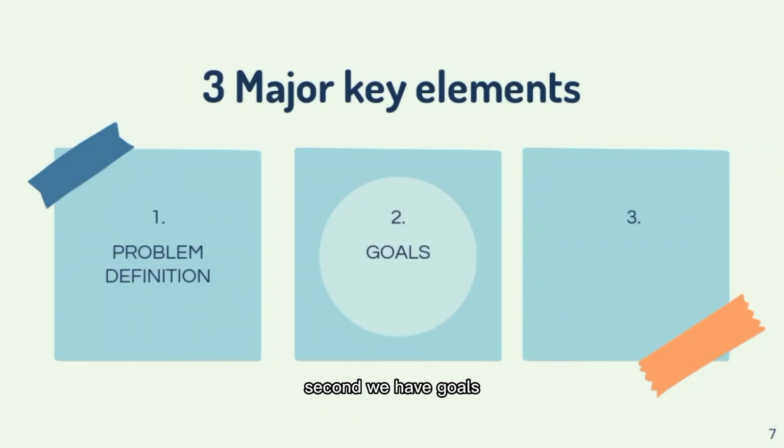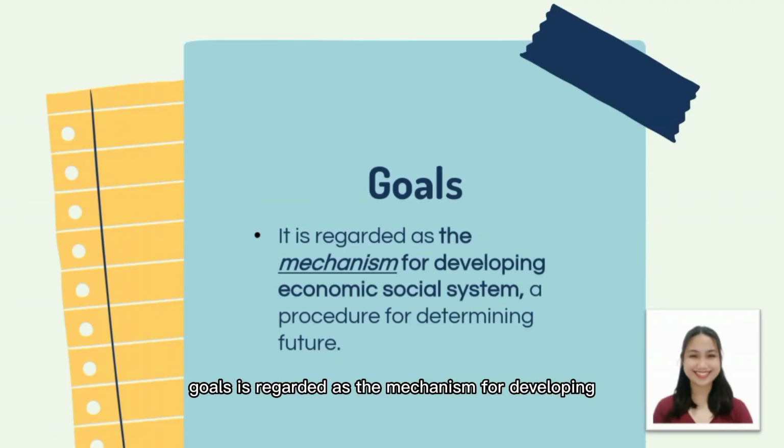Second, we have goals. Goals is regarded as the mechanism for developing the economic social system, a procedure for determining the future. A policy goal is a statement of intent providing guidance for actions. The important role of public policy is to make society lead a better life and to maintain the delivery of goods and services.